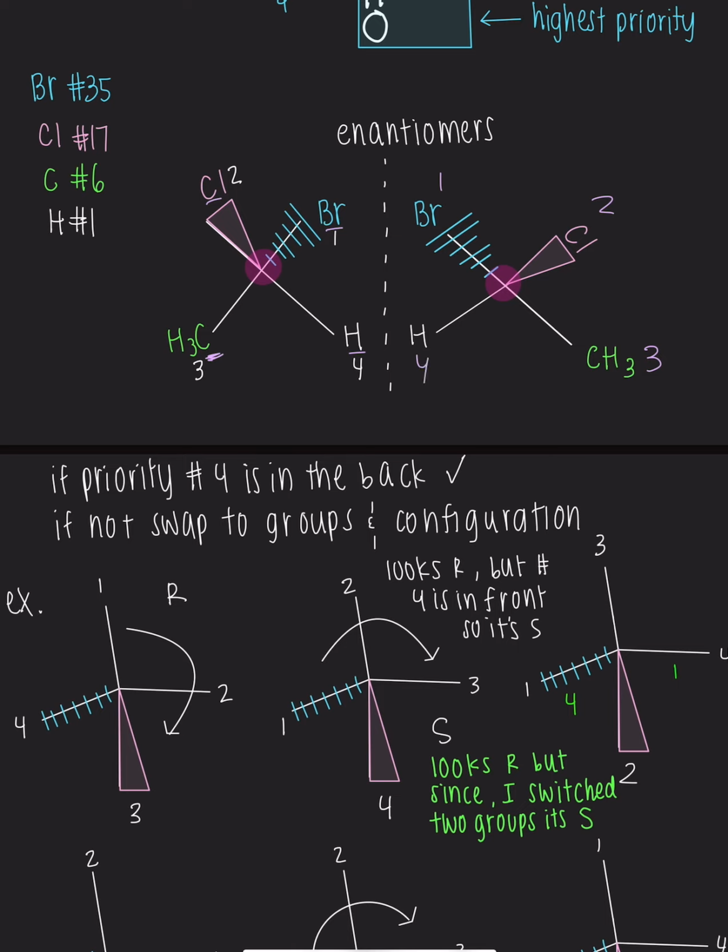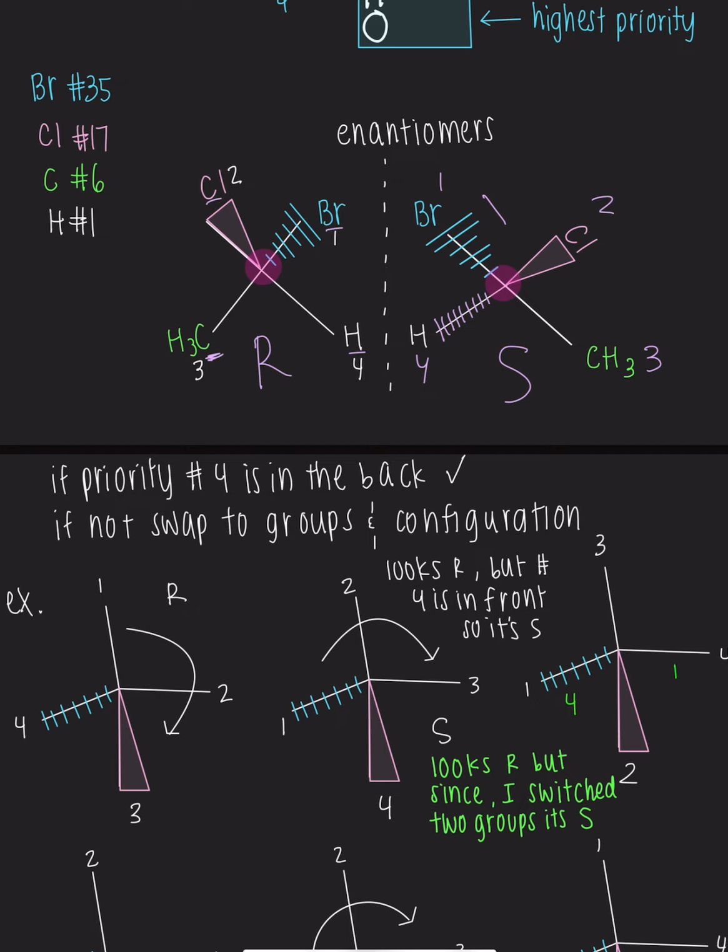I'm going to imagine that this hydrogen is going to be in the back, and this one is just a regular line. Then when I do 1, 2, 3, it looks like an R, but since I swapped the configuration, this is actually an S. And therefore, this is an R.